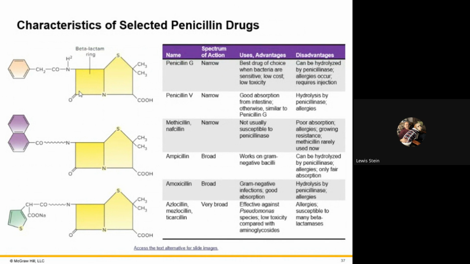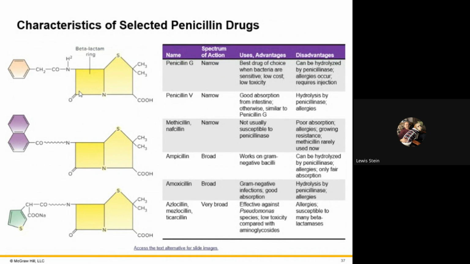Cephalosporins have the same ring. So collectively we call them beta-lactam drugs. So this is the original player. And the only thing that they tinkered with, rather than losing numbers, what they found naturally occurring were two types of penicillin.